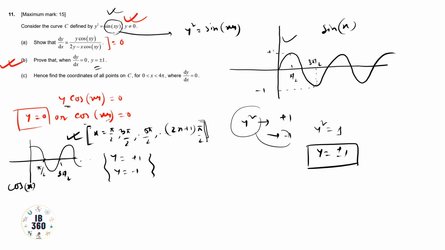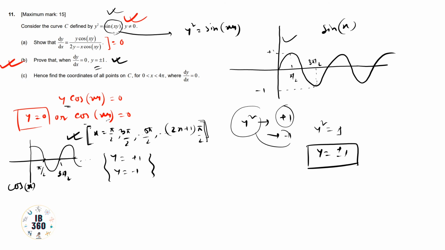But y square cannot be minus 1, so y square must be 1. If y square equals 1, then y equals plus or minus 1. In this way this problem is solved: prove that dy/dx equals 0 for y equals plus or minus 1.